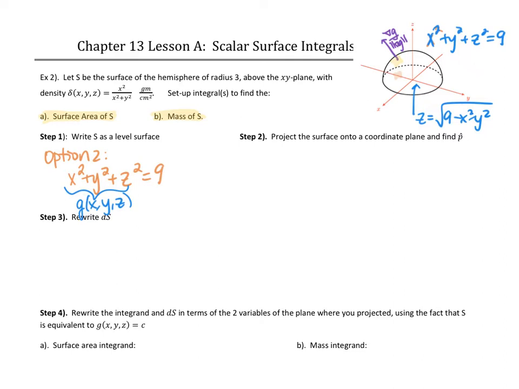So I'm going to do this for g, and then I'm going to project the surface. It's important when you're choosing to project the surface that if your surface is going to fold over onto itself, like let's imagine this top hemisphere, and we did project it onto, say, the xz plane here, you can see that I would basically have this thing fold onto itself, and I'd have one side hit the other side.